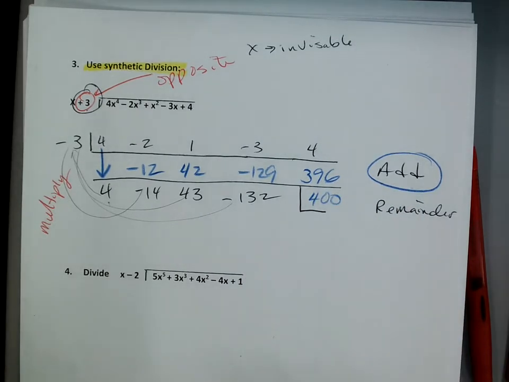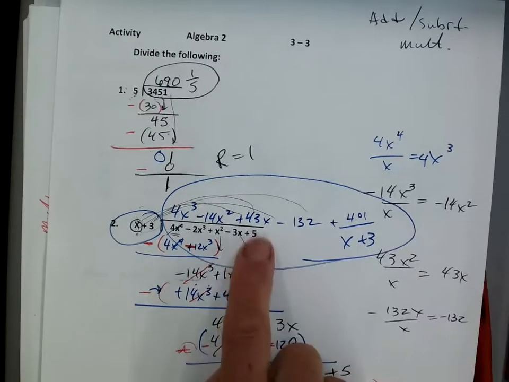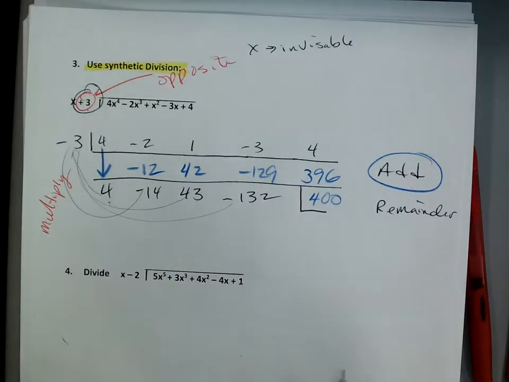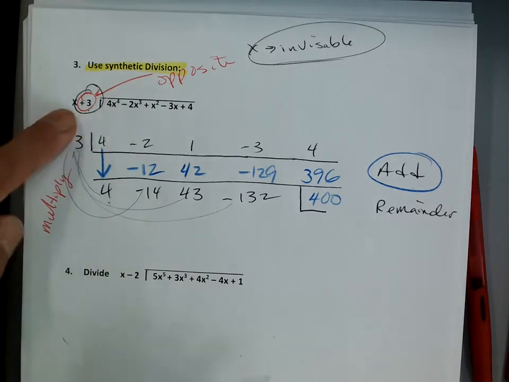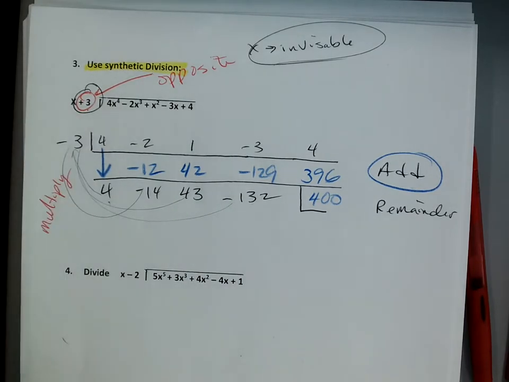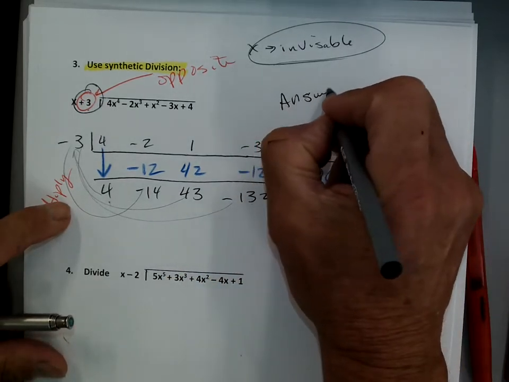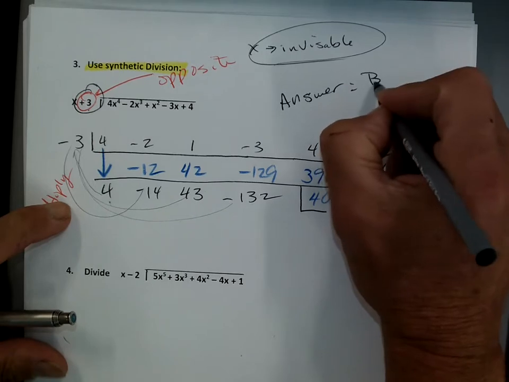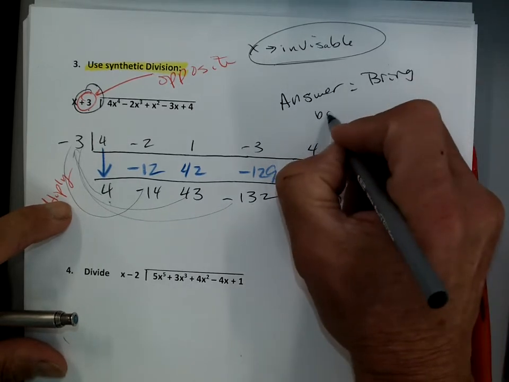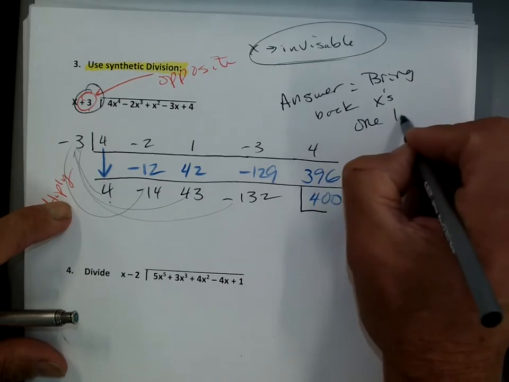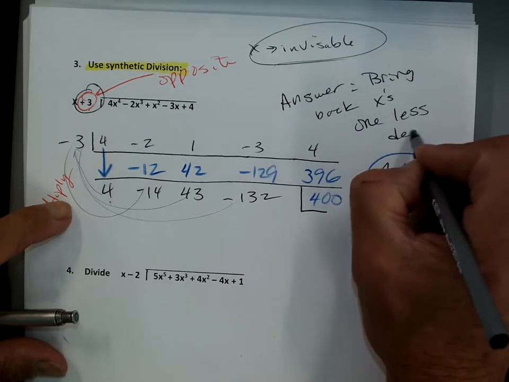So, almost the same problem, right? If I take a look at what we had, almost the same problem except for I had a 5 there. And we're going to get nearly the same answer. But remember, the x's were invisible, so let's bring them back. So we really did divide by x, so my answer is going to be 1 less power, 1 less degree.